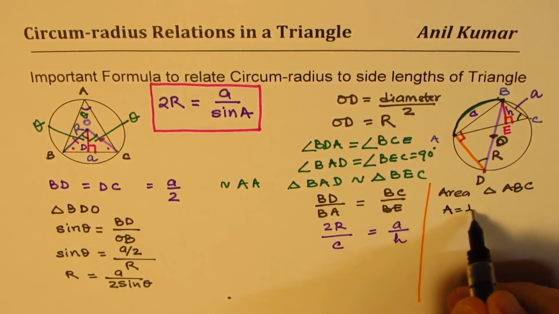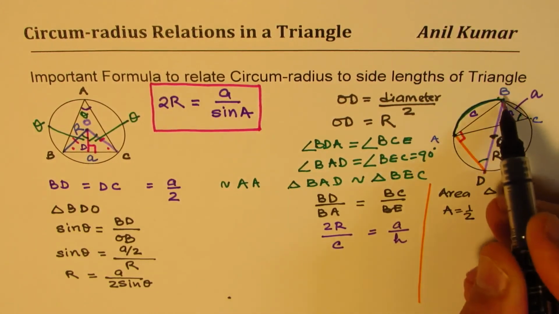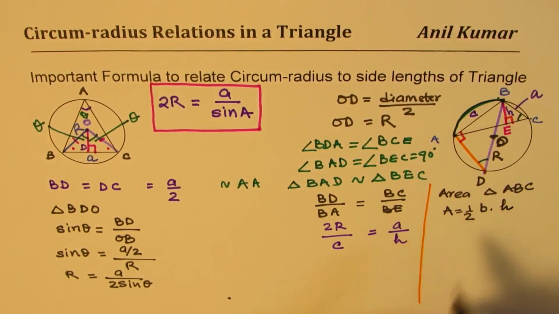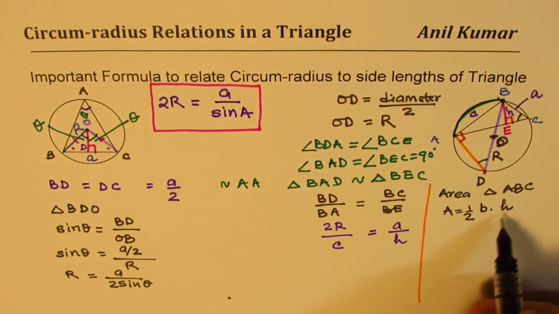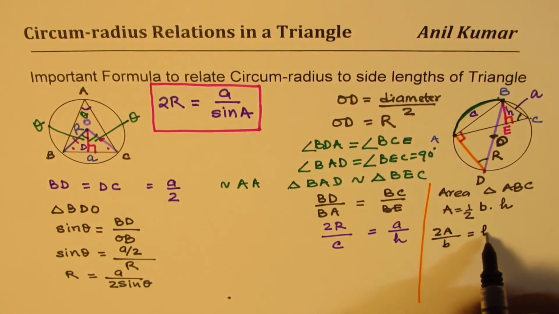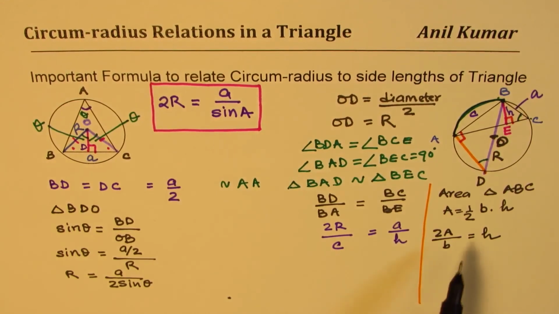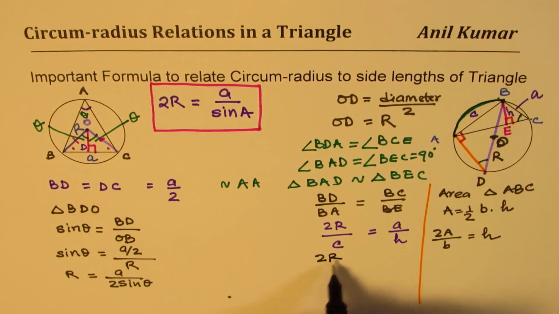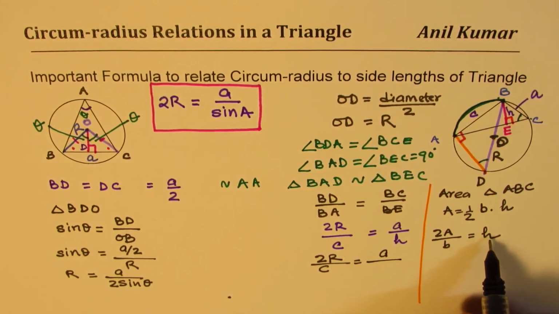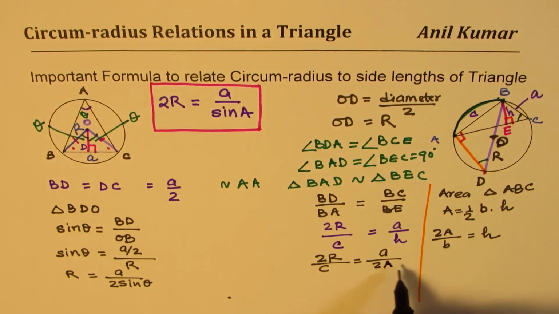The area A is half of base AC, which is b, times height H. So from here, I can write that height is 2A divided by b. Now replacing that height in this formula, what do we get? We get 2R over c equals a over, instead of height, I am writing twice area over b. Correct?